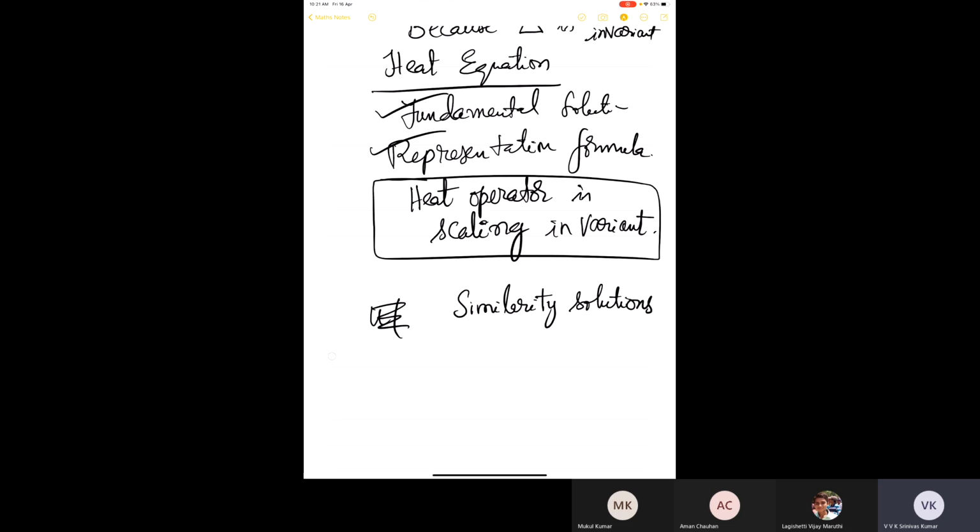First of all, the fundamental solution is the similarity solution. As I said before, here there are two variables: t is the time variable, and x is a space variable.